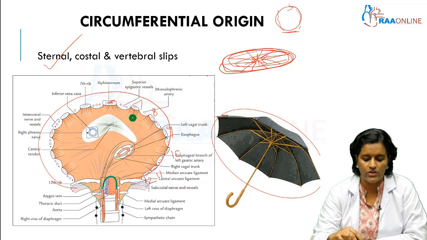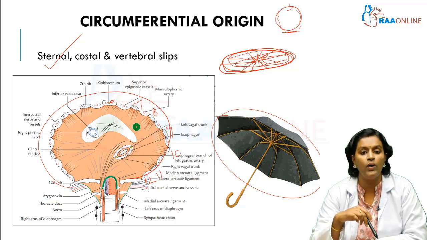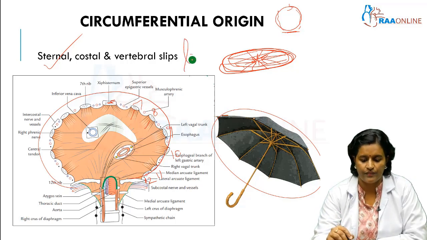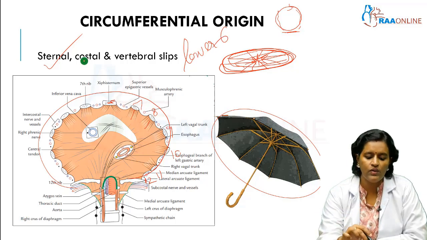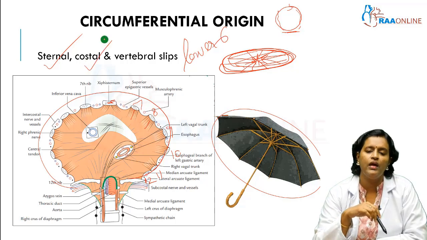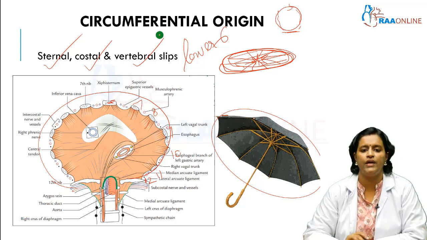Those slips which take origin from the 7th, 8th, 9th, 10th, 11th and the 12th ribs, means the lower 6 ribs, are called the costal slips of diaphragm, and that origin of diaphragm from the vertebrae is the vertebral slip of diaphragm.